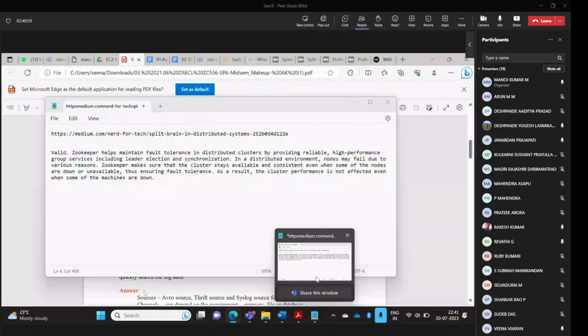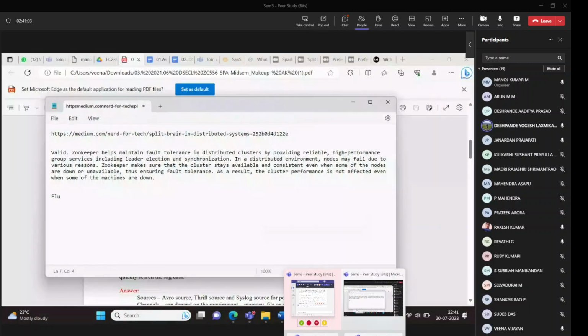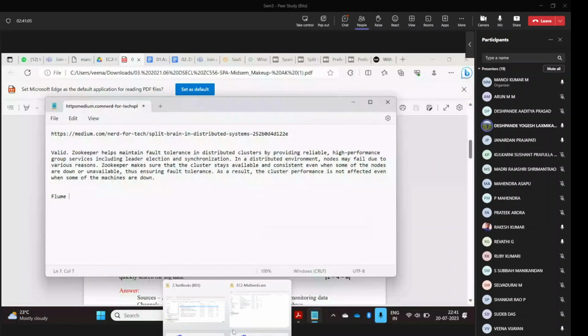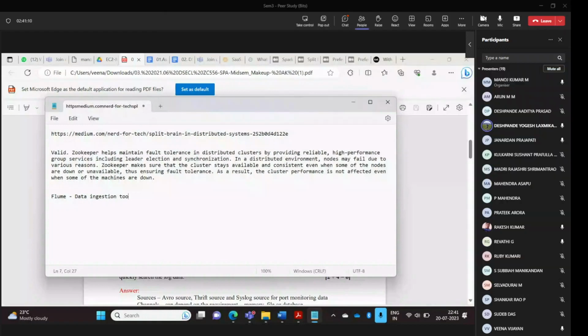In your application, you want to bring data from some sources. If the source is an RDBMS like Oracle, you would go with Sqoop instead of Flume. But Flume is mostly used to get unstructured data.